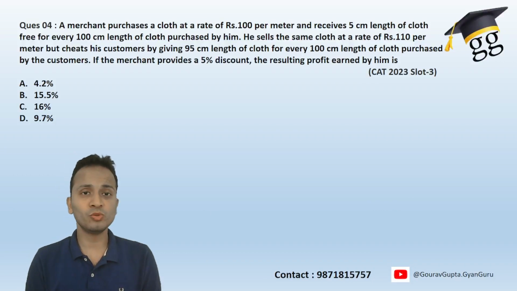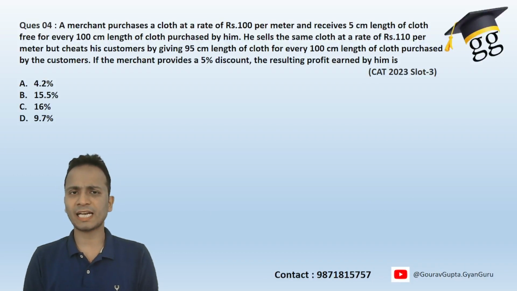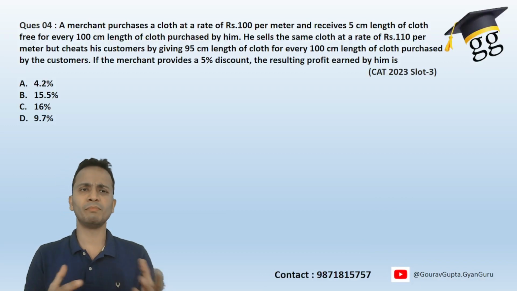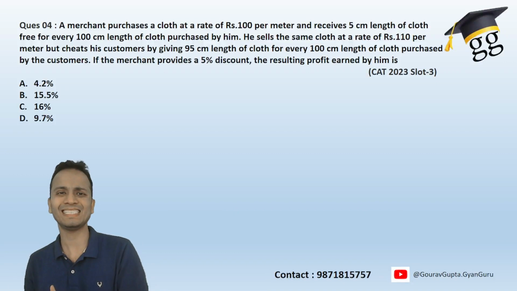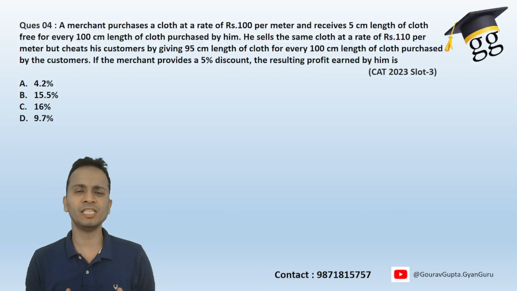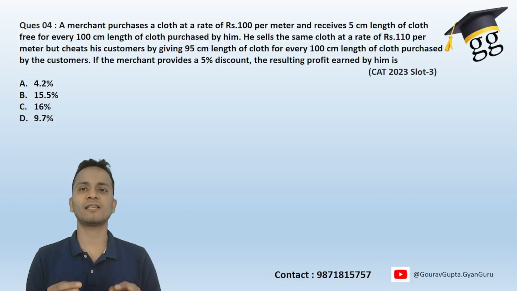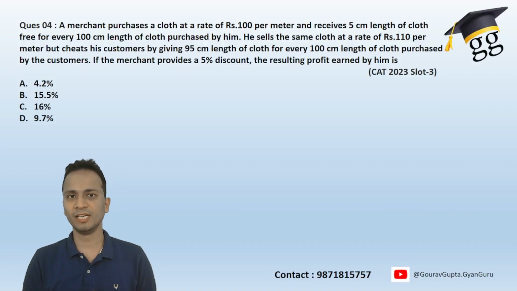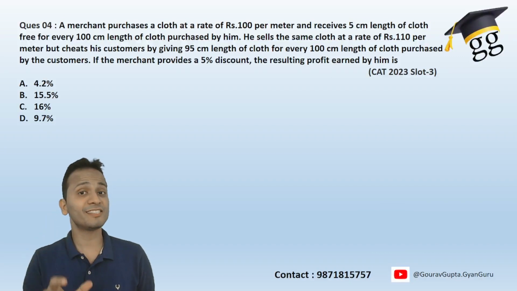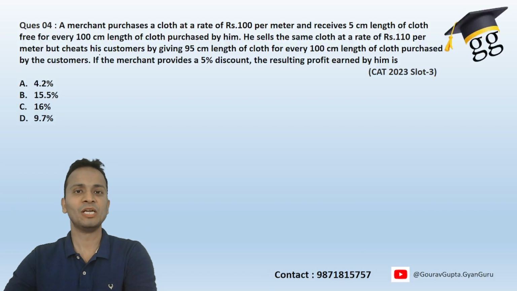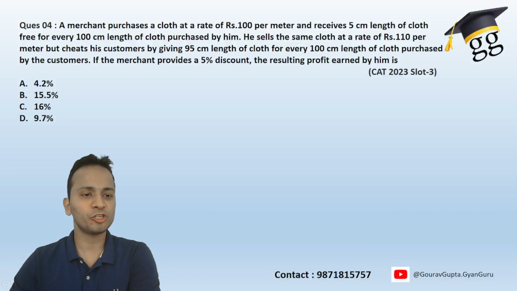I've seen some students who, after seeing such a question, where the merchant is cheating, buying something, selling something, with so many numbers involved, tend to leave these types of questions. But I would say these are the easiest ones. You can find the answer in a single expression. Yes, I tell you. You need to divide the entire question into smaller parts, smaller chunks.